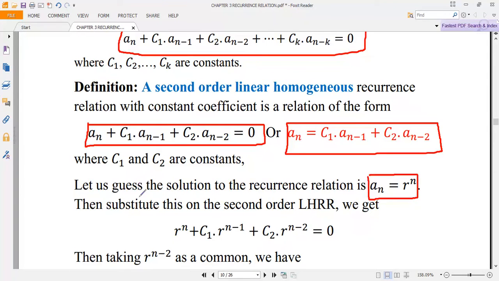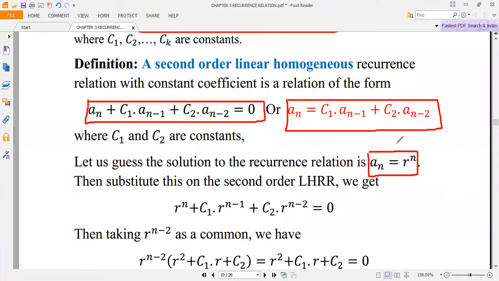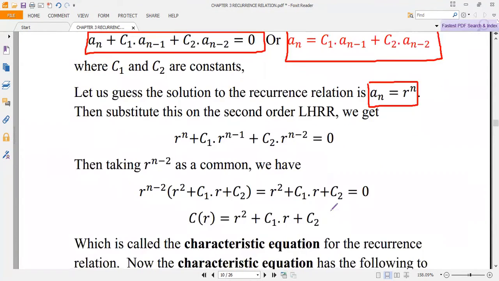Substituting this trial solution into the recurrence relation, you will get r to the power of n for the an term, then c1 r to the power of n minus 1 for c1 times an minus 1, and the last one is c2 r to the power of n minus 2, which is equal to 0.